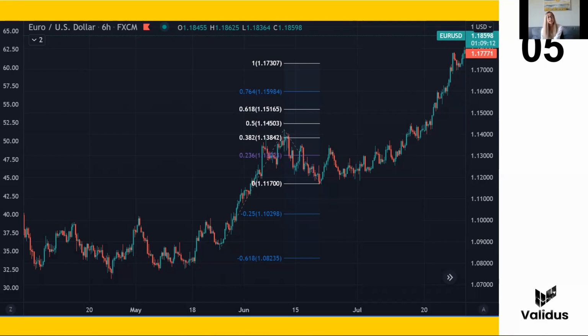The extensions show where the price will go following a retracement. Fibonacci retracement levels indicate how deep a retracement could be. In other words, Fibonacci retracements measure the pullbacks within a trend, while Fibonacci extensions measure the impulse waves in the direction of the trend.